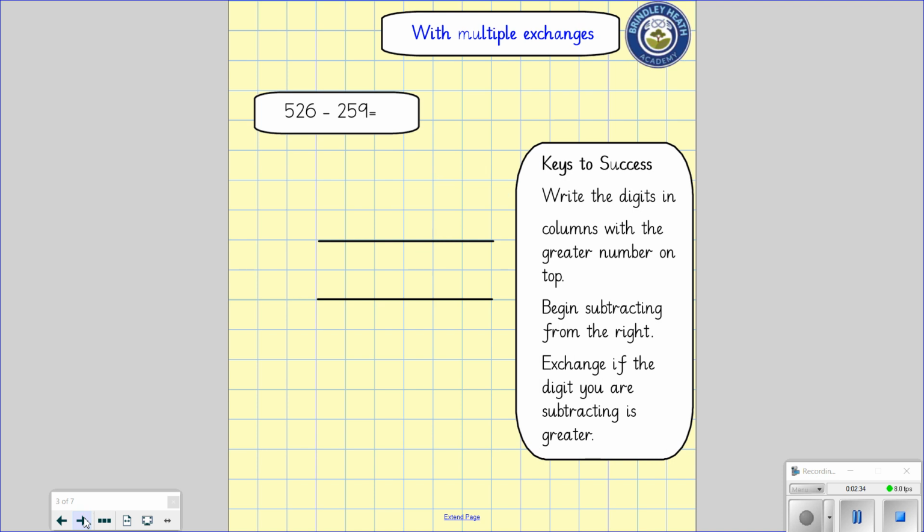Sometimes we have a calculation that has multiple exchanges, so we need to exchange more than once. This calculation here is 526 take away 259, so I need to put my greater number on top, which is the 526. And I'm subtracting 259.